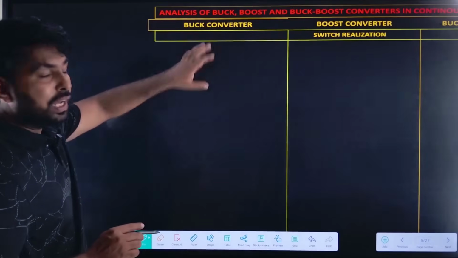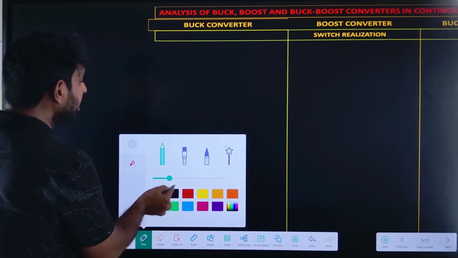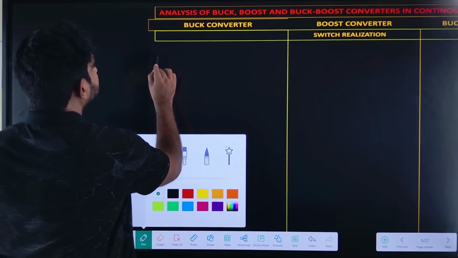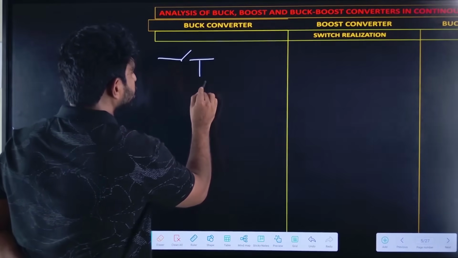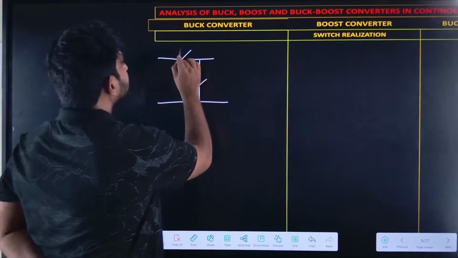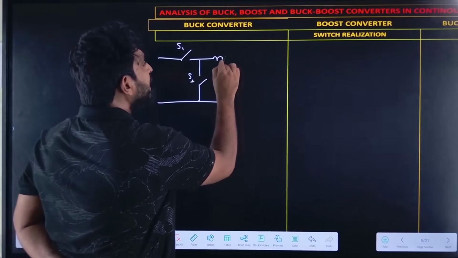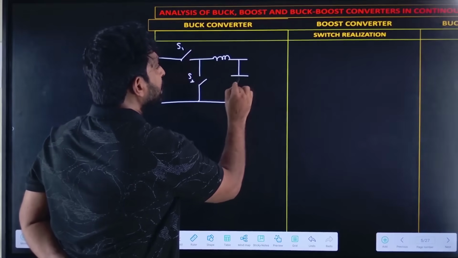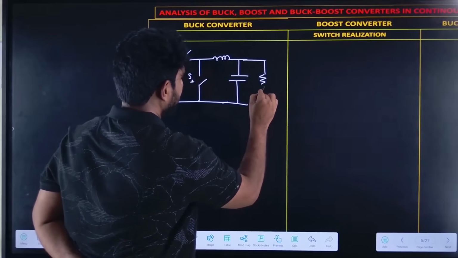So now let me draw the circuit first. How is the circuit here? Here the switch S1 is there, the switch S2 is there, and then in the load, inductance will be there, capacitance will be there, and resistance is there, right?